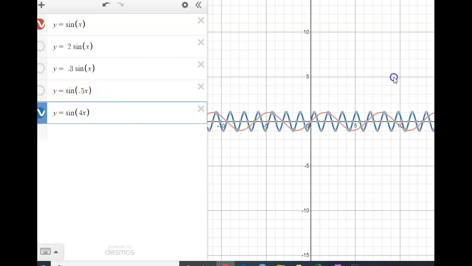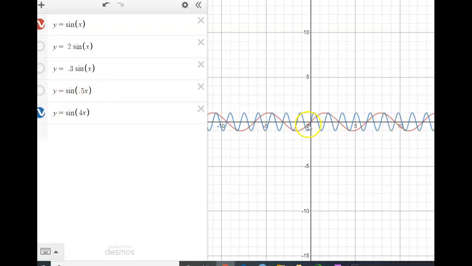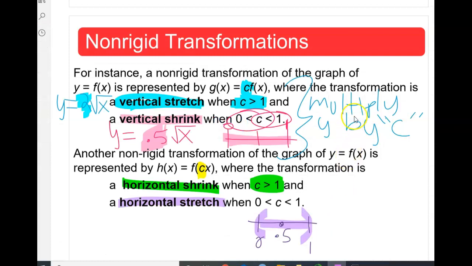And so now you have here the parent function is the one in red. And then the one in blue is the horizontal shrunk. And so why is it counterintuitive? So the reason for that is that you don't multiply like what you do with the vertical stretch. Instead, you are going to divide.